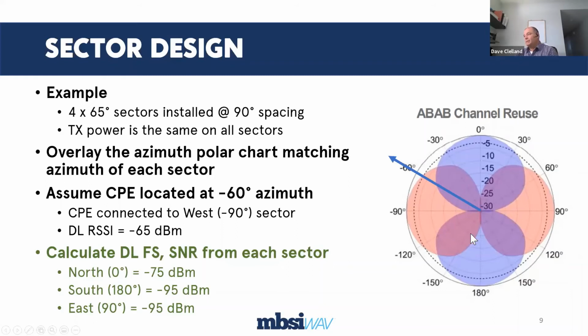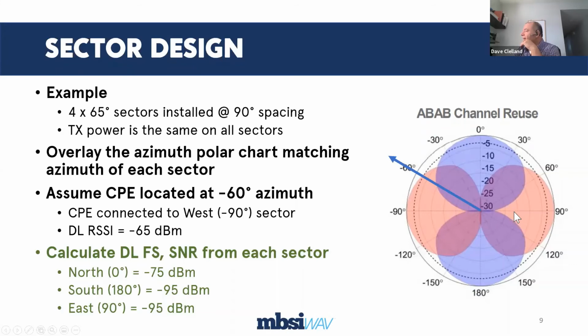It might be possible, if the CPE is close enough to the base station site, that it could connect to the south sector or the east sector, and be perfectly happy joining those, because remember that there is east sector energy that goes out towards the west. There is south sector energy that goes up towards the north and the west and the east.